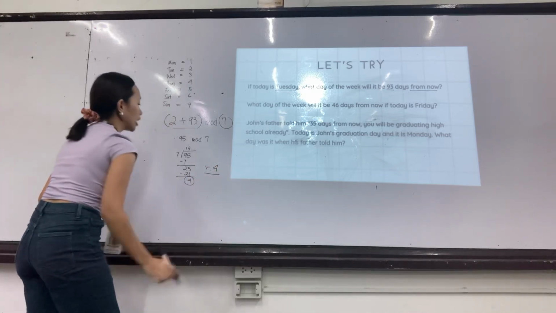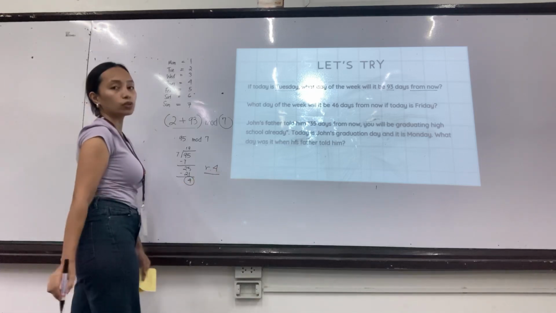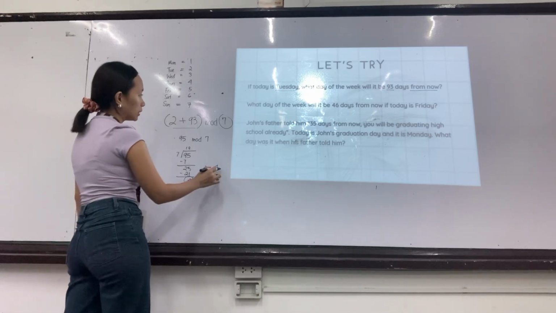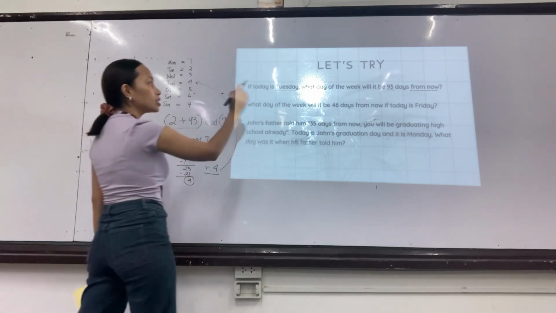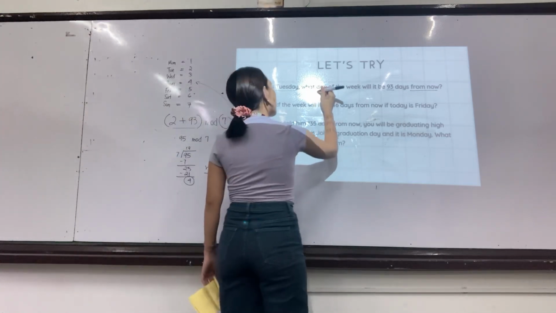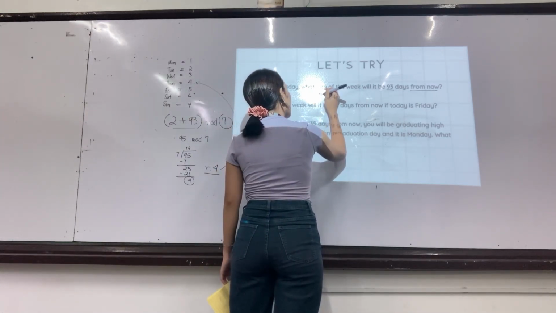So this is our answer. Now, we just have to look for the day which is represented by the number 4, which is Thursday. So the answer for number 1 is Thursday.